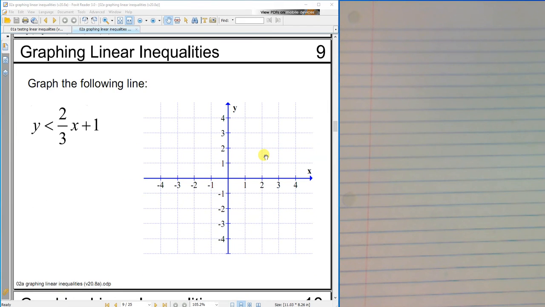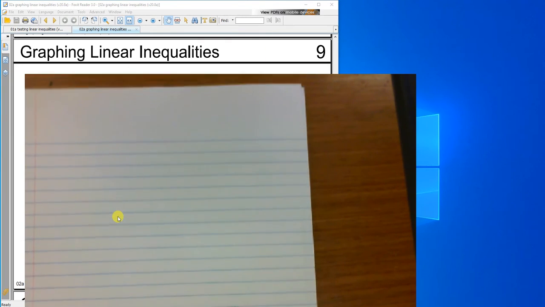All right, so this one we're going to graph in our notes. So graphing linear inequalities, let's start with our name.